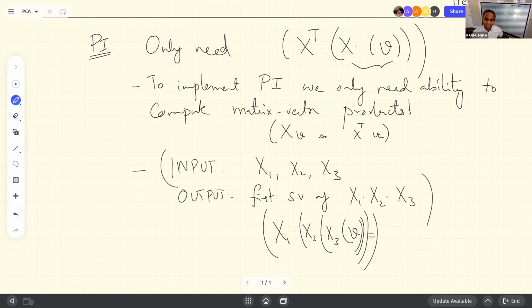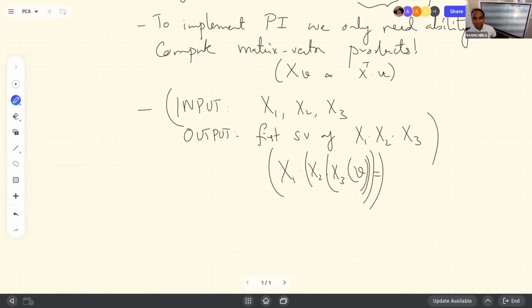And there are streamlined implementations in almost any numerical analysis software like MATLAB and NumPy, where you can actually just provide a handle which computes matrix vector products, and that will implement all the other optimizations and give you back the first singular vector. Okay. In fact, when I was in grad school, I had to dig up some Fortran and so on to figure this out for one of my research projects.